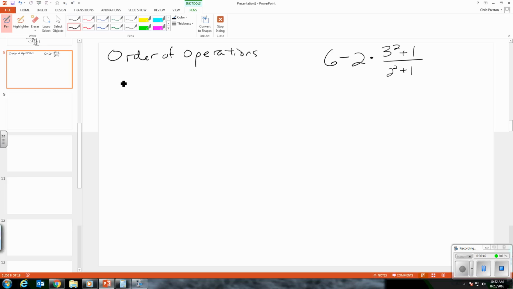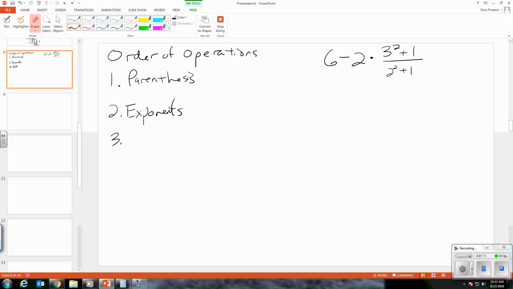Okay, so order of operations, I'm going to use this as an example here. How this is usually described: parentheses, then we have exponents, and then, I'm getting ahead of myself, sorry.